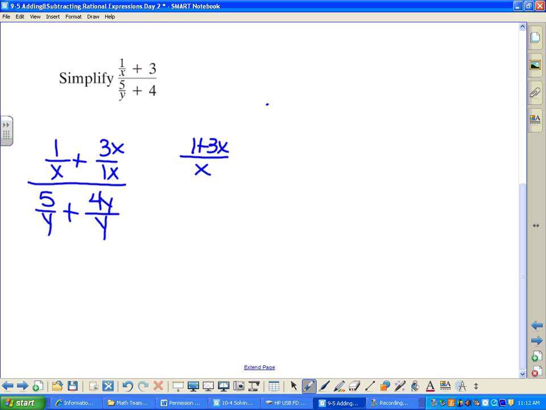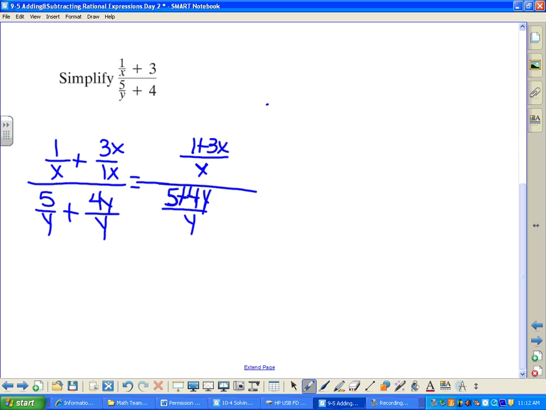And so now in the denominator, you would have 5 plus 4y all over y. 5 plus 4y over y. Okay. Do you agree with what I've done so far?